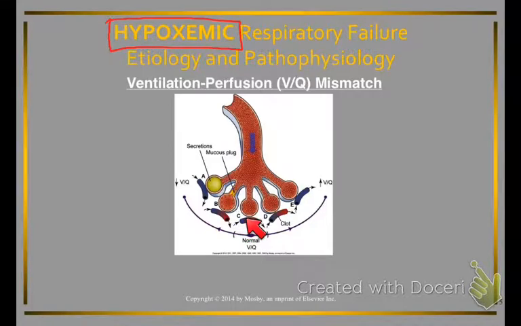Non-oxygenated blood comes in, it gives the lungs CO2, it gets O2, and sends blood back to the heart to send out to the body. That's normal. That VQ mismatch is 1-to-1, meaning that the air, the ventilation equals the blood perfusion. 1-to-1. That's what we want.